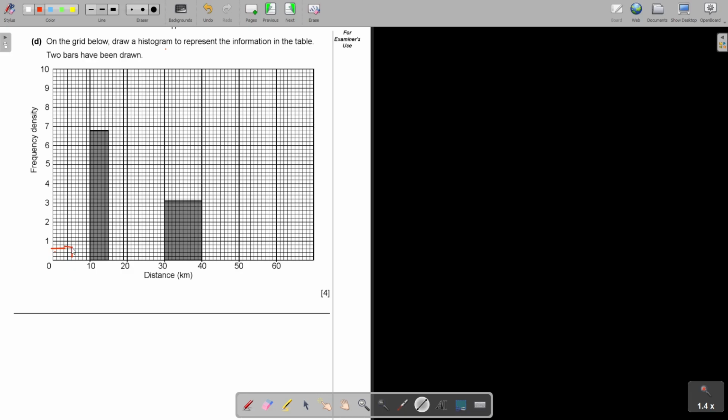I'm not getting it correctly with my pen. And then if it's from 5 to 10, it's 1.8. So you go just 1.8, and that will just be underneath this one. So 1.8.